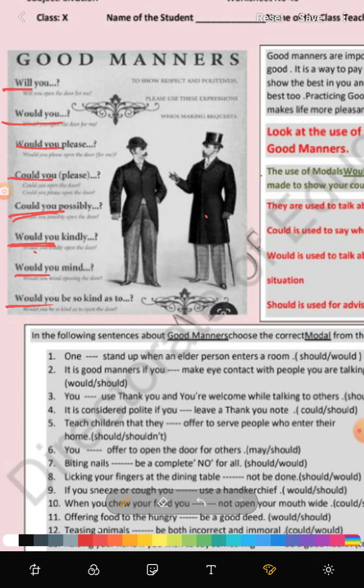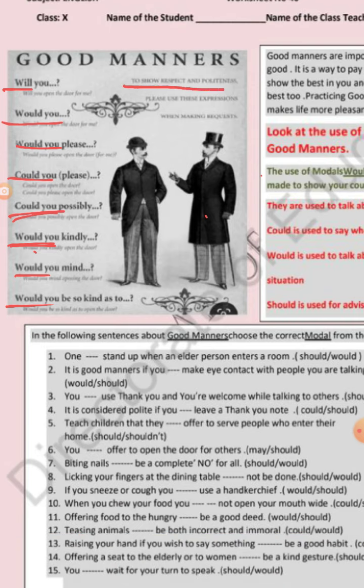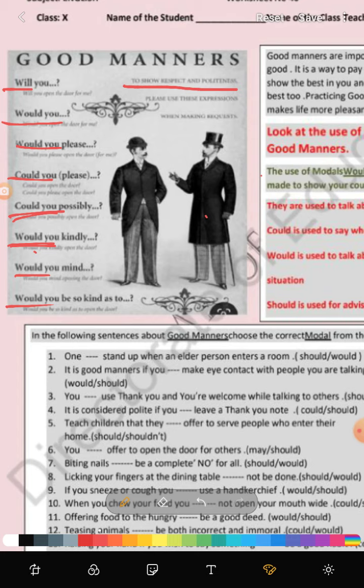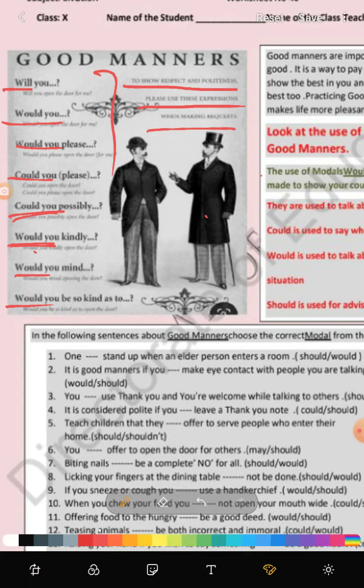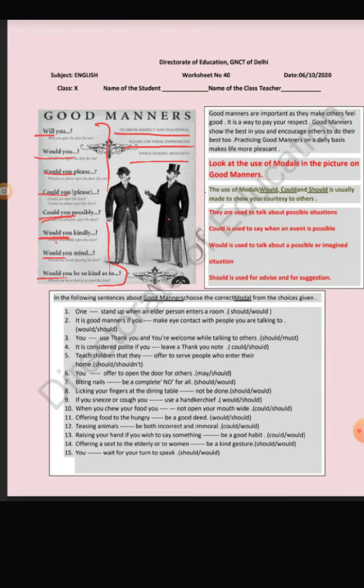So when you have to show respect and politeness, please use these expressions. These expressions are used when we are talking about respect and politeness.